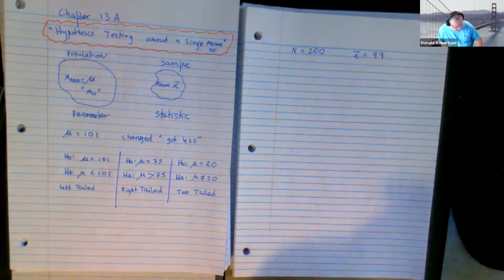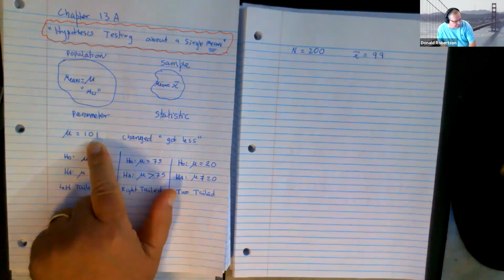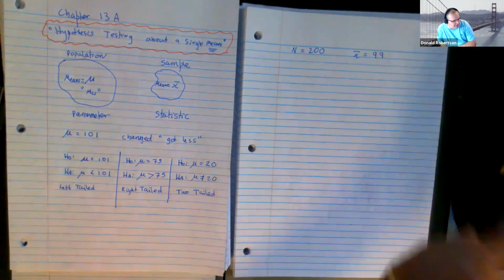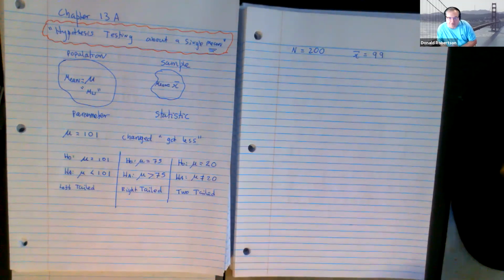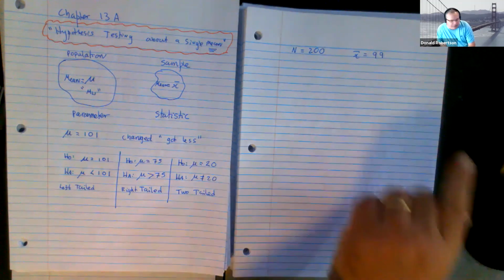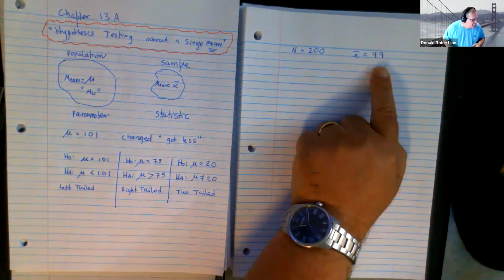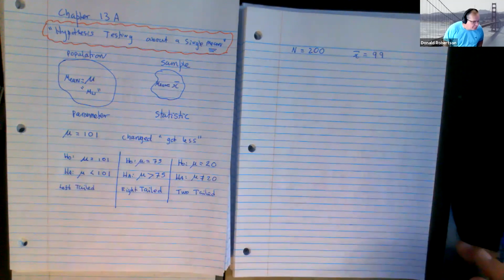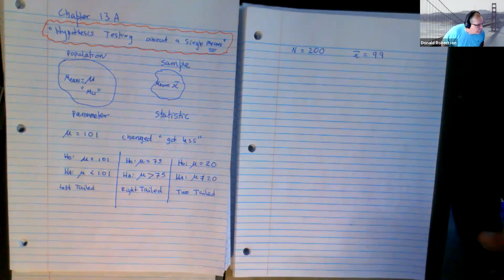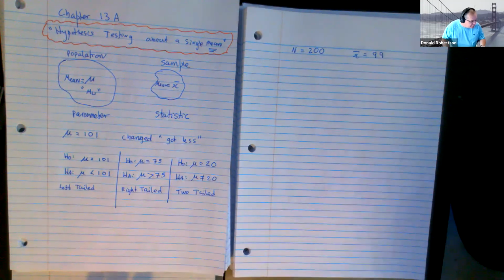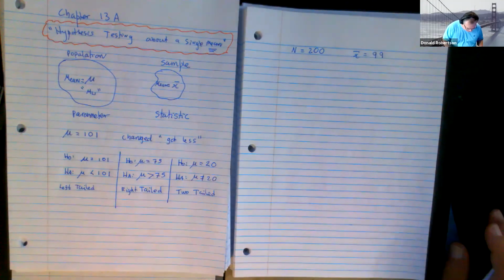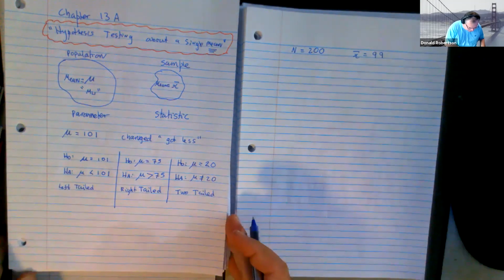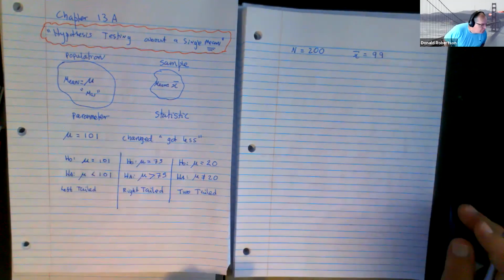It's not 101, it's definitely less than 101. But that might just be randomness that you get whenever you pick 200 people. Couldn't I do another sample of 200 and the average is 102? Things vary.